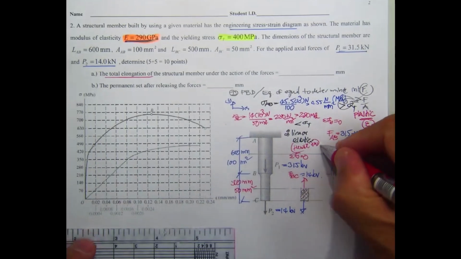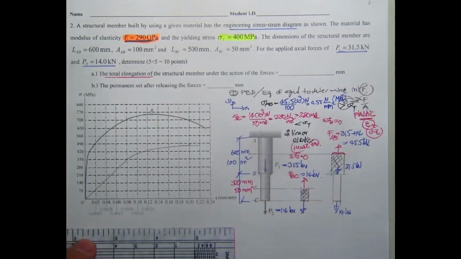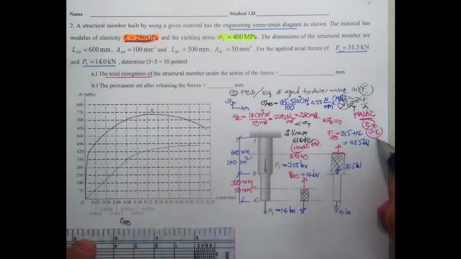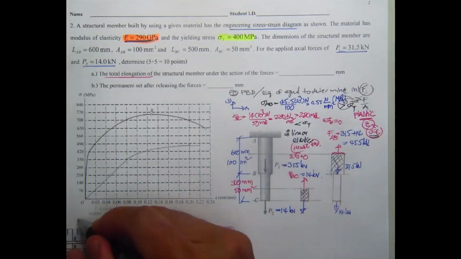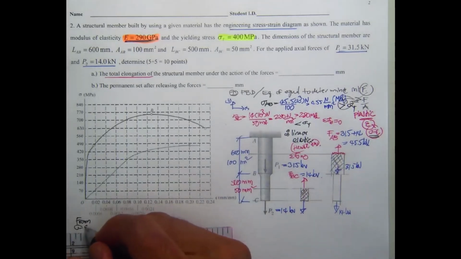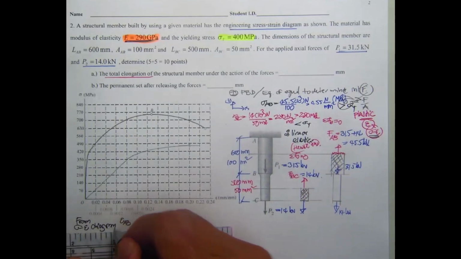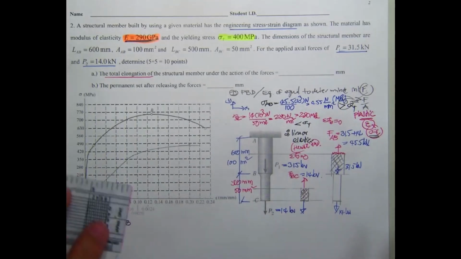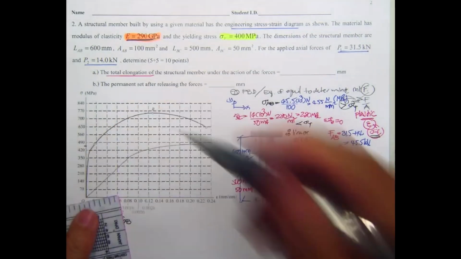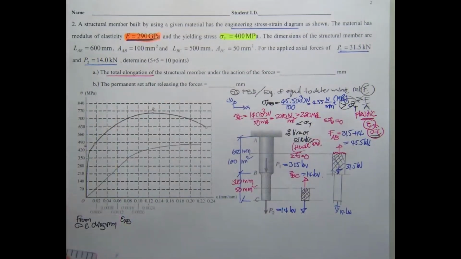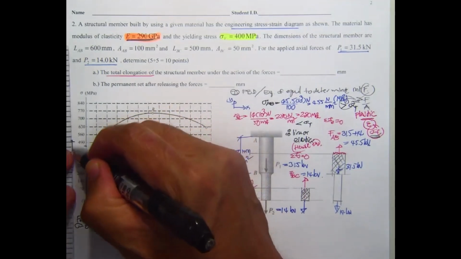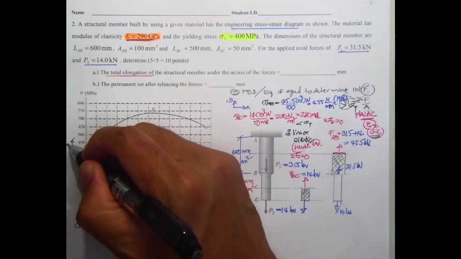So for strain sub AB, from the stress-strain diagram, where 455 is going to be, that's half between 420 and 490, which are 70 apart.